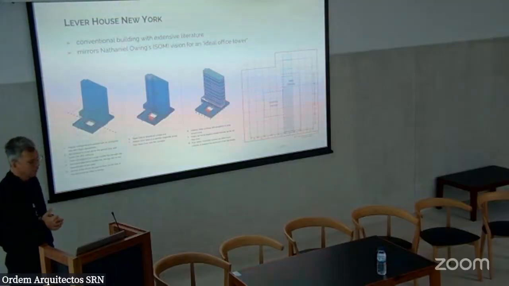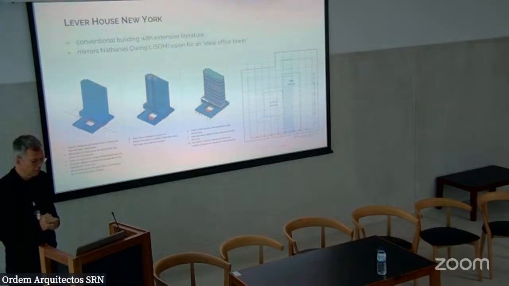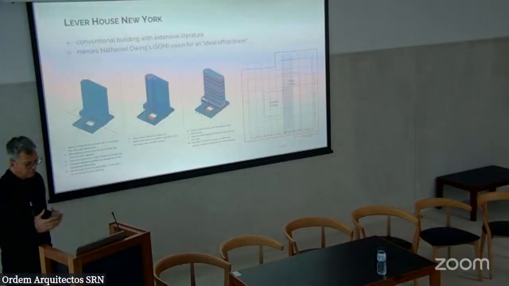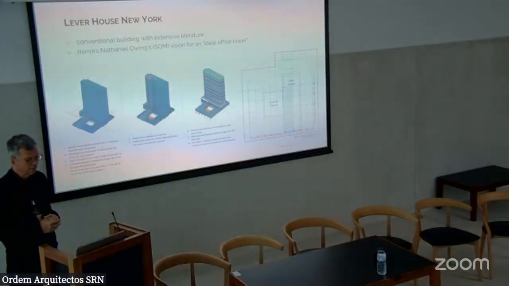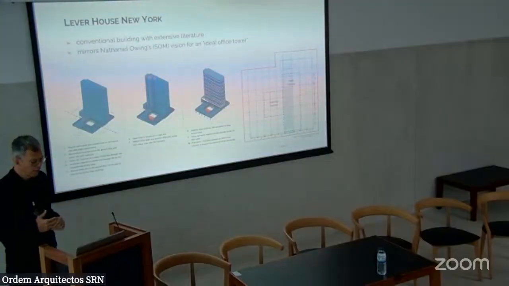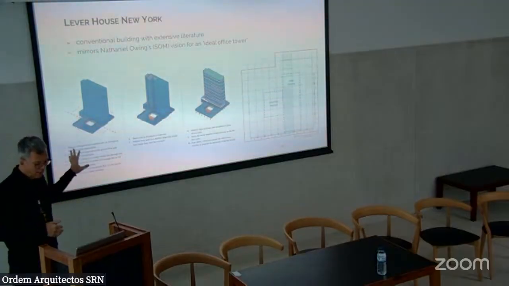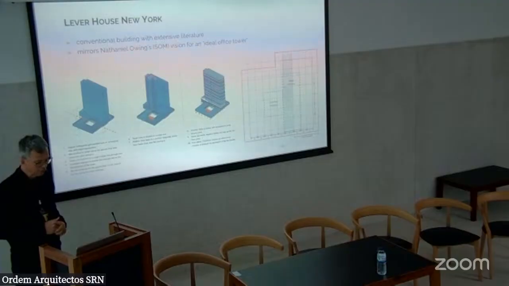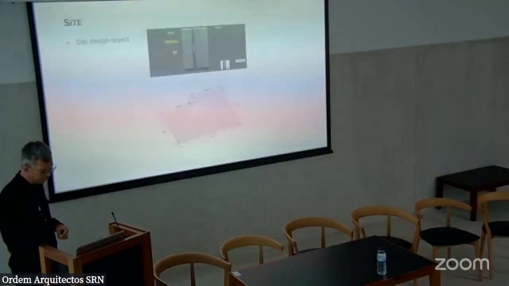There's, of course, a lot of extensive literature about it, and we're also interested by the fact that it mirrors Nathaniel Owings' vision for an ideal office tower. So, you know, can we create a model for an ideal office tower? Although very specifically, we're just doing this for the Lever House.